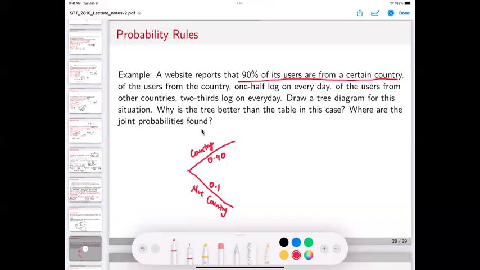Then we go ahead. It says that of users from this country, 1/2 log on every day. So of this country, I create another branch. I'll put every day here, here is 0.5. Is that okay? And then here will be not every day, here would also be 0.5.